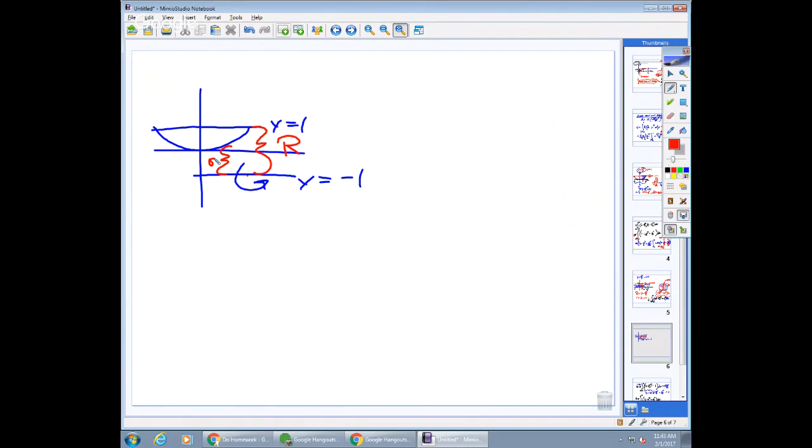So just getting it partially set up, it looks like big R. What's furthest away from the axis? 1, right? Y equals 1. To get to the axis, I take the bigger number minus the smaller number. So big R should be 1 minus -1, which is a distance of 2. Does that seem reasonable? Okay.